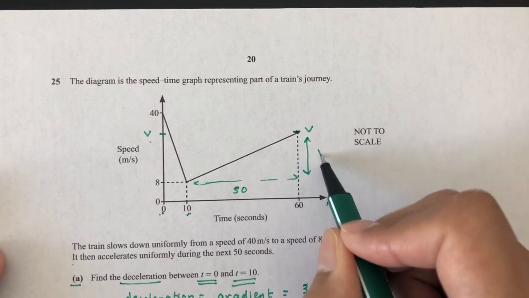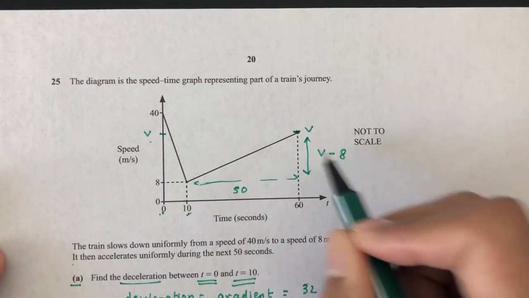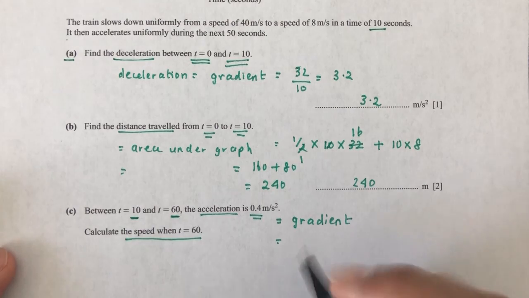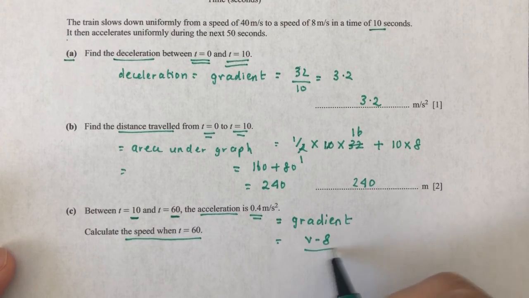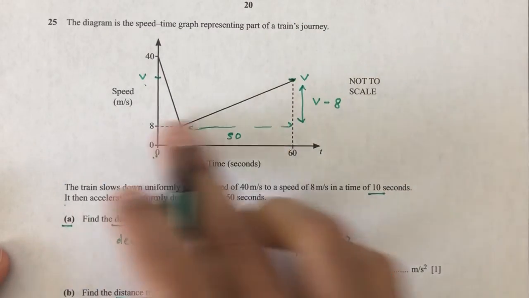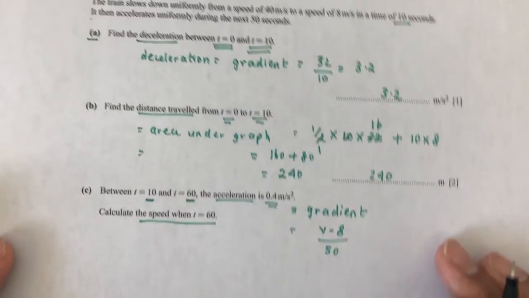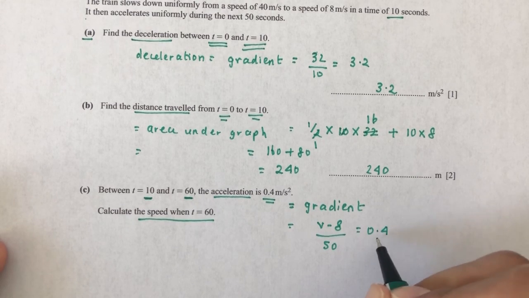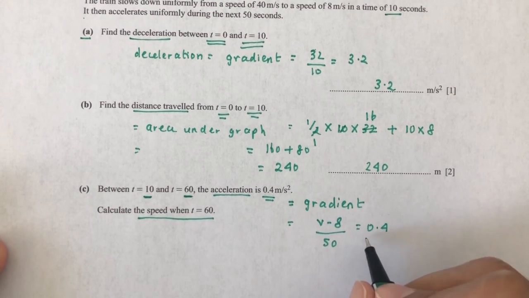So v minus 8 will be the height of the triangle. So v minus 8 divided by 50 equals 0.4. Now we have to find the value of v.